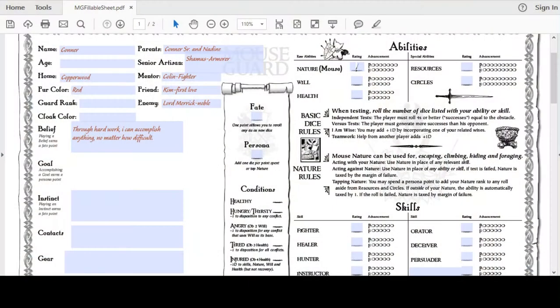There's fate points and there's persona points. I promise I'll get through everything. But if you're playing to these things here, to the belief, your goals, and your instincts, you're going to earn points, which is very helpful later. Okay? So for right now, we're not going to do anything with goal.